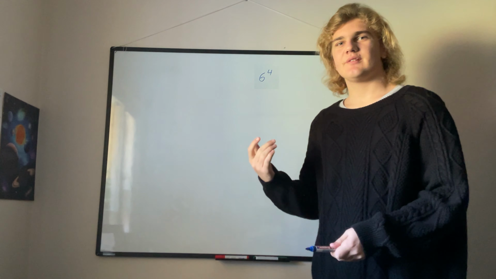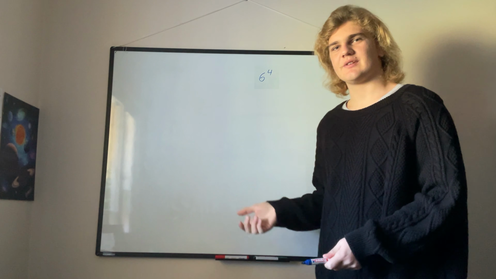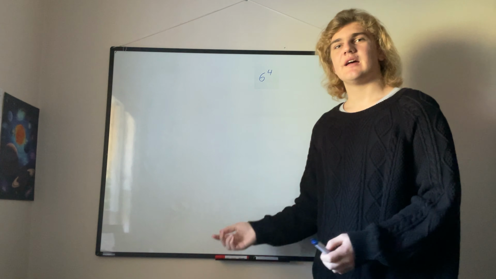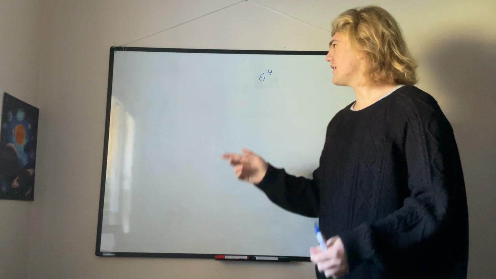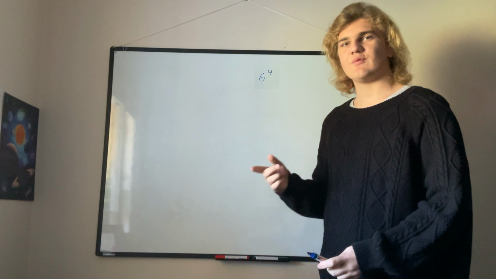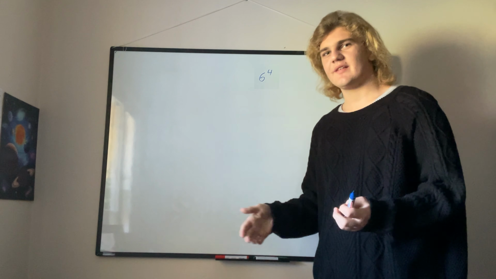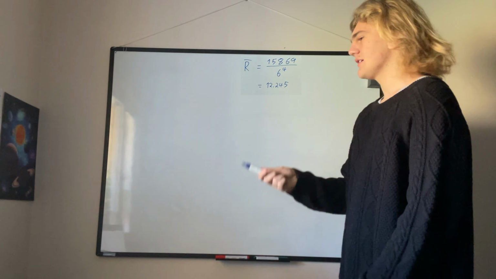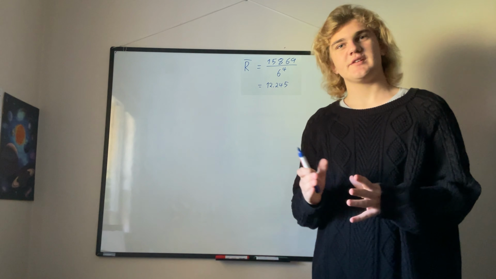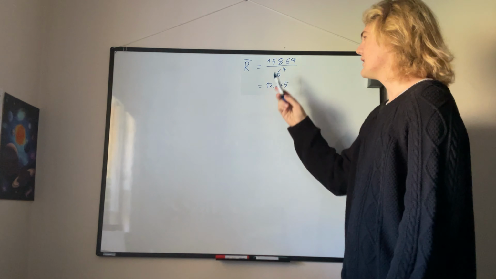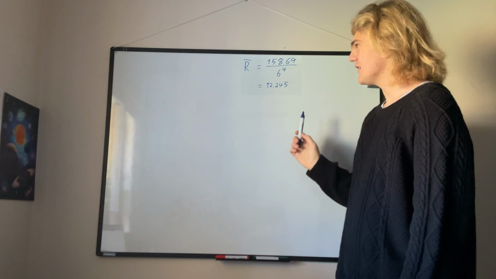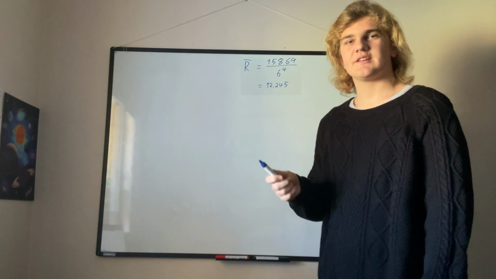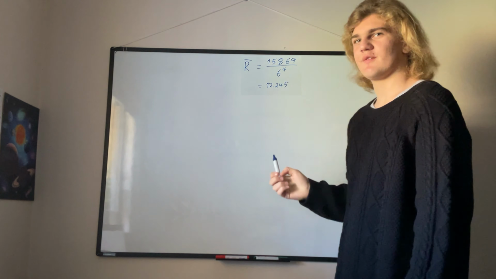Now, after my Python code did the test and it got the sum for every possibility, I told it to add all of it up and divide it by 6 to the power 4 in order to get a mean value for all of the different possible outcomes. To find the mean of the data, the computer found out that if you sum up every single possibility, you would get 15,869, and then we would just have to divide that by 6 to the power 4 to get approximately 12.245.